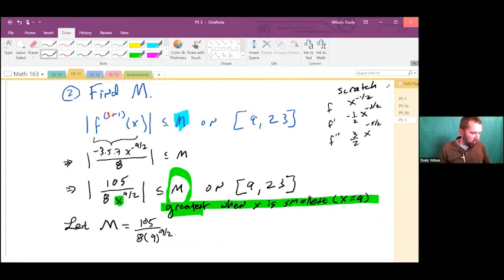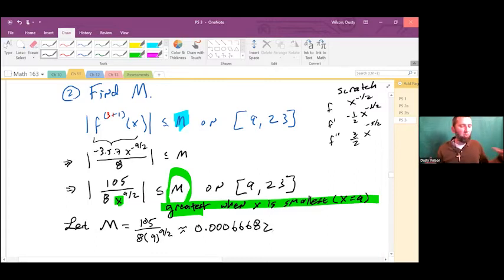Which, if we found a decimal, would be about 105 divided by 8 times 9 to the 9/2, or 8 times 4 5 5. It's a pretty small number: 0.000668682.